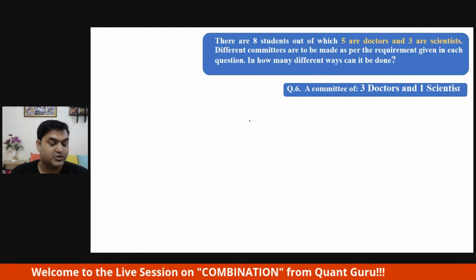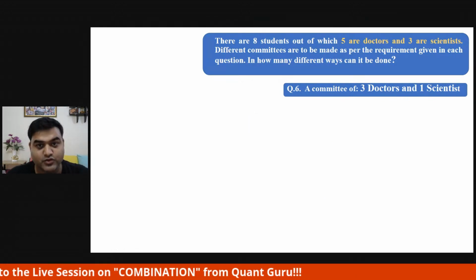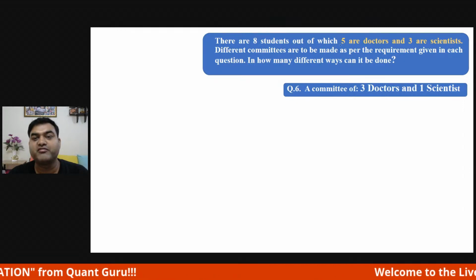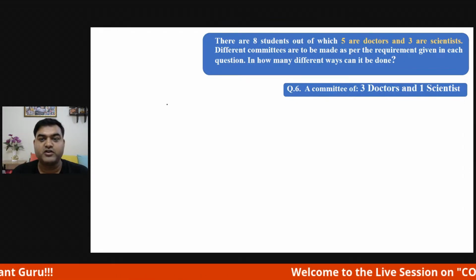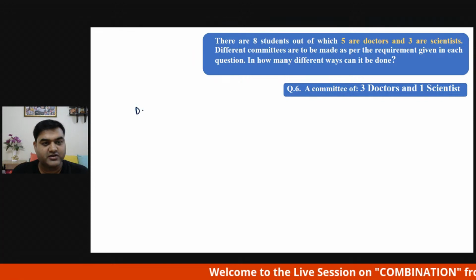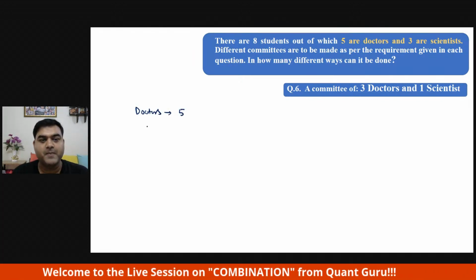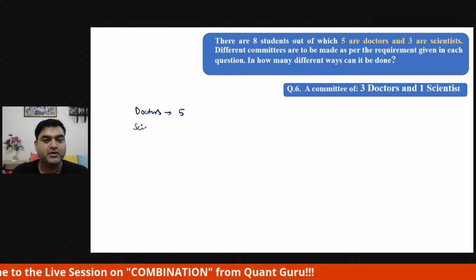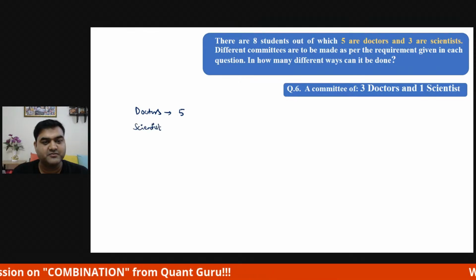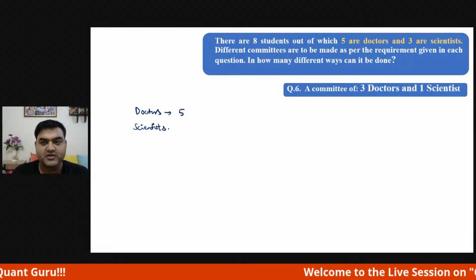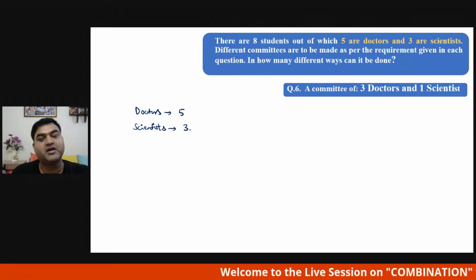Okay, now let's talk about this question, how to do it very efficiently. There are 8 students, out of which 5 are doctors. How many doctors are there? Doctors are 5 in total. And scientists, 3 scientists are there, right?